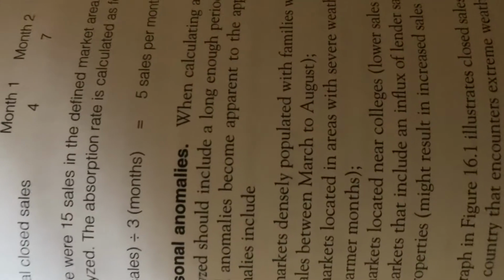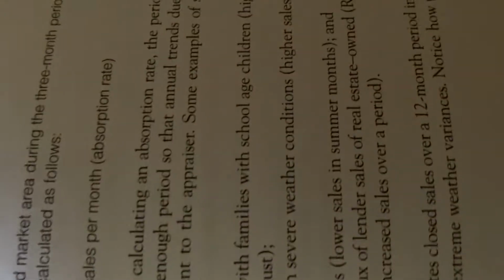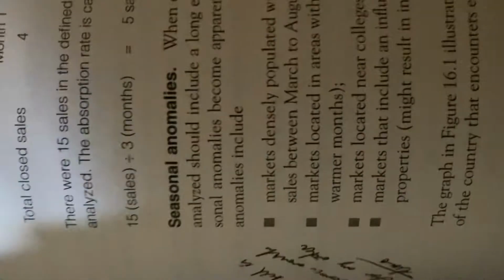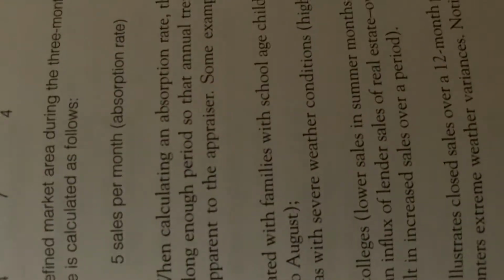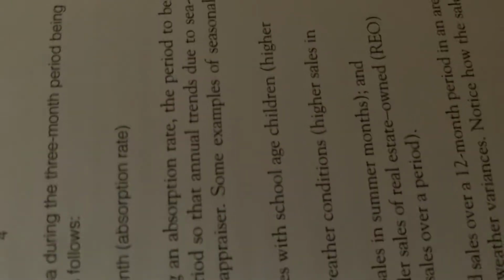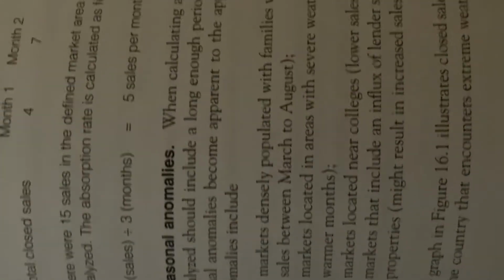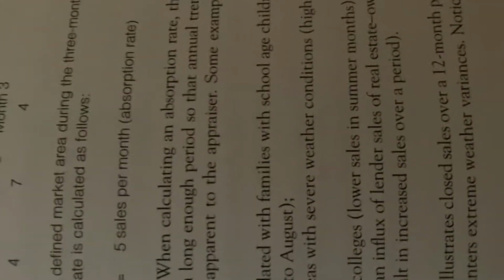markets densely populated with families with school-aged children, higher sales between March to August; markets located in areas with severe weather conditions, higher sales in warmer months; markets located near colleges, lower sales in the summer months; and markets that include an influx of later sales of real estate owned, REO, properties might result in increased sales over a period.